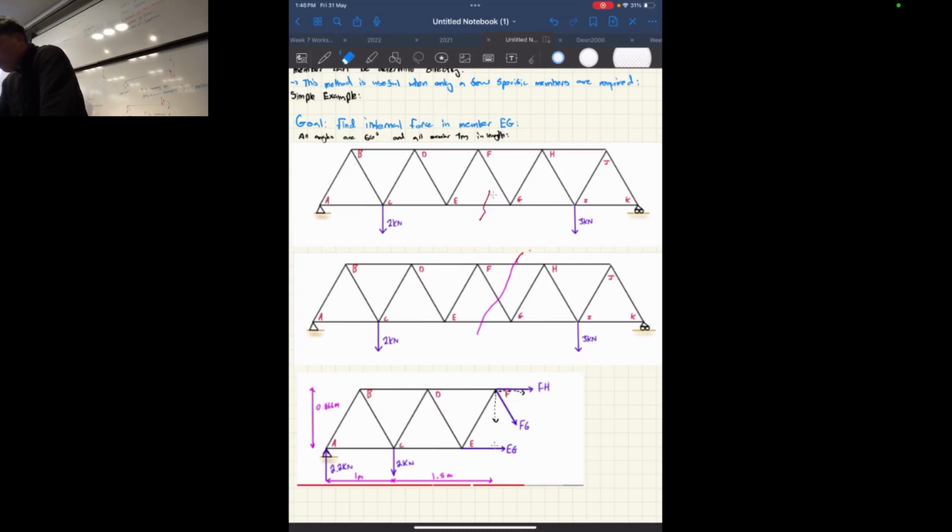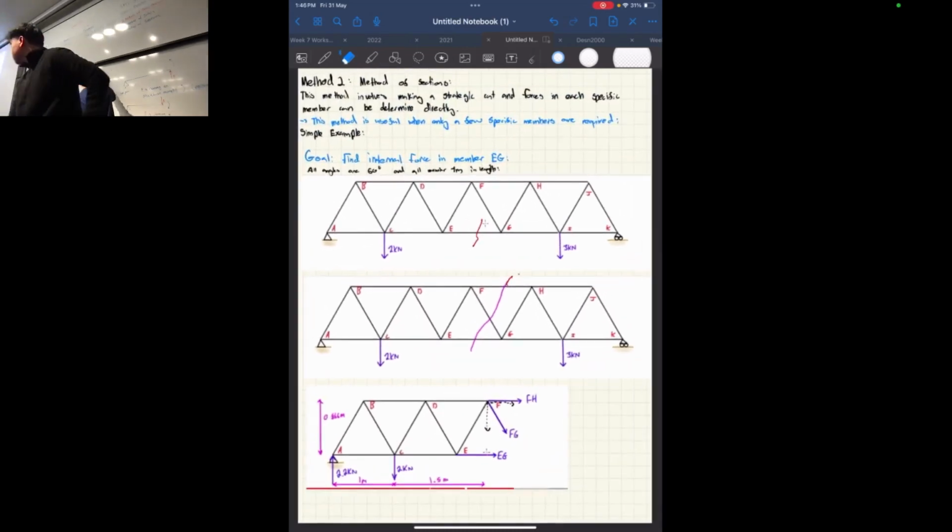Okay, so we're going to draw those three members in tension. For example, we've got BA acting this way, BC acting this way, and BD acting this way. By tension, I mean just pointing outwards. A member can be in either compression or tension. Tension is pulling outwards, so you're stretching it out.